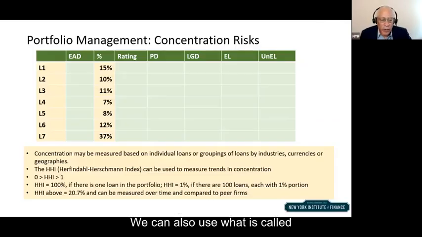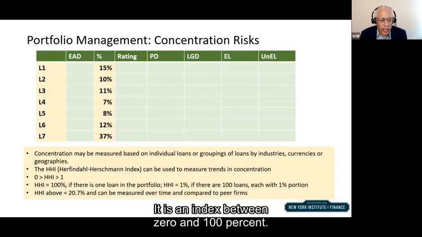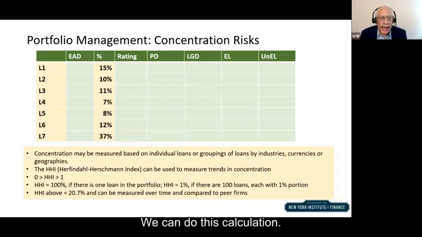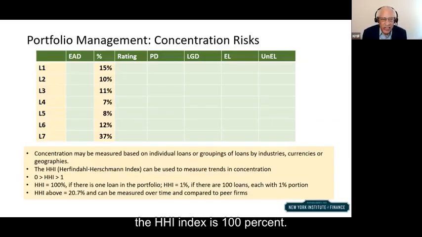We could also use what is called the Herfindahl-Hirschman index. I introduced that as a tool, HHI index. It is an index between 0 and 100%. And we can do this calculation. If there is a loan, there's only one loan in the portfolio, then the HHI index is 100%.